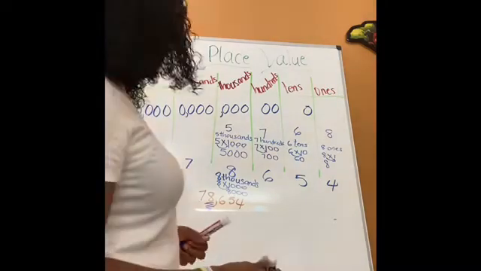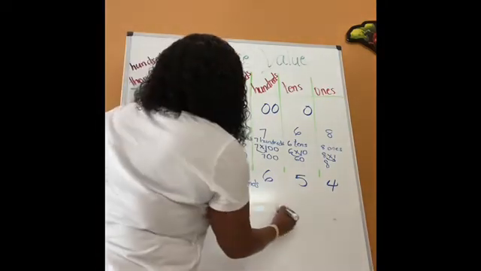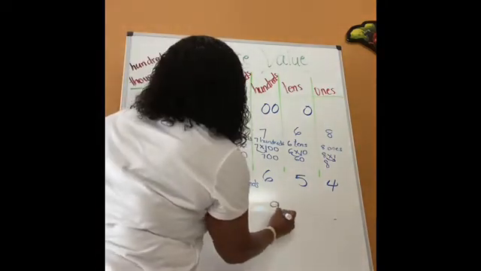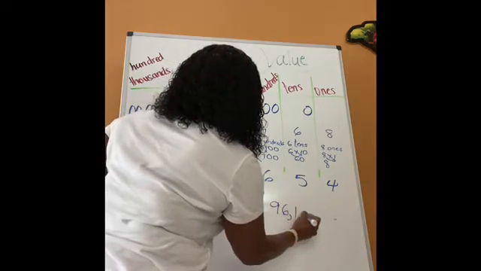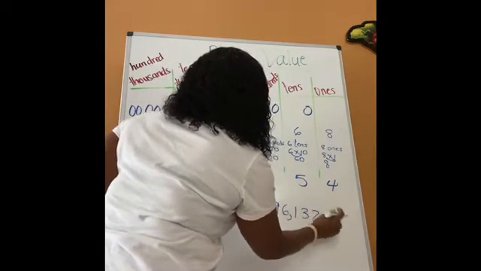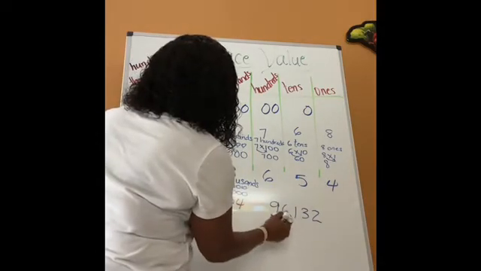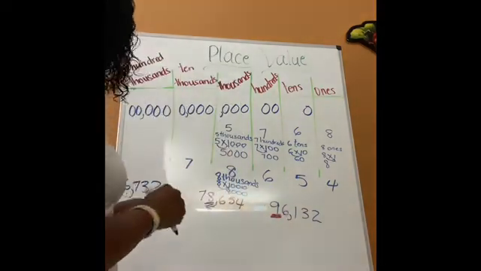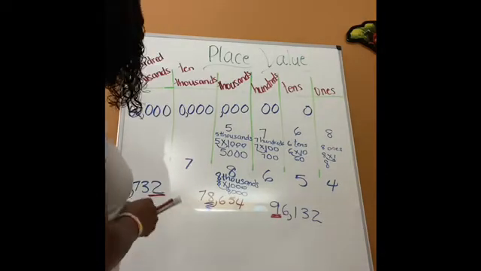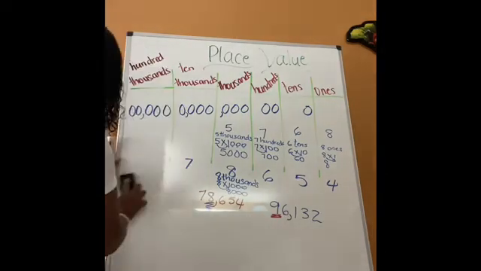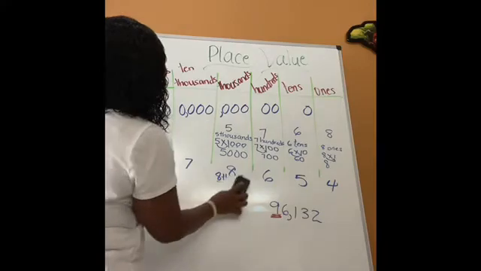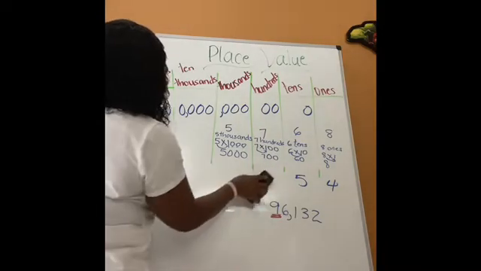All right, one last one. What is the value of the 9? So again, put it on your place value chart. Go ahead, put it on your place value chart.